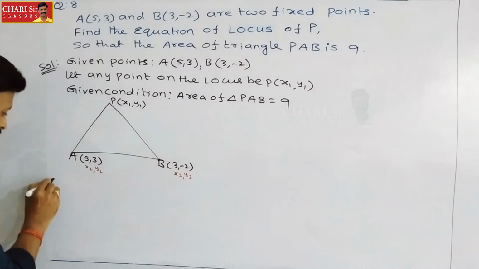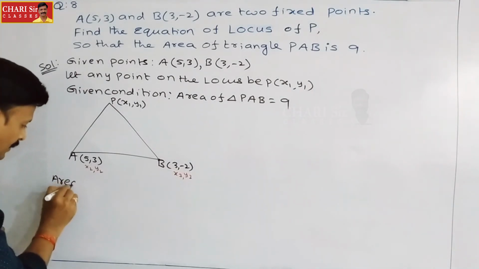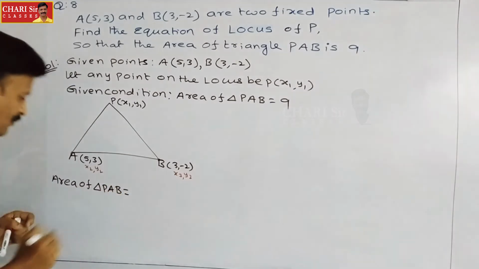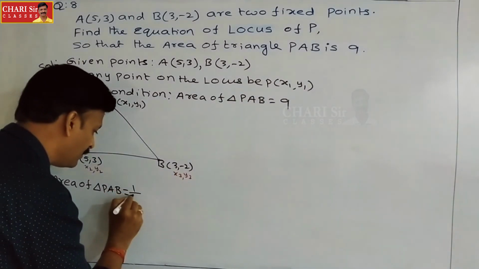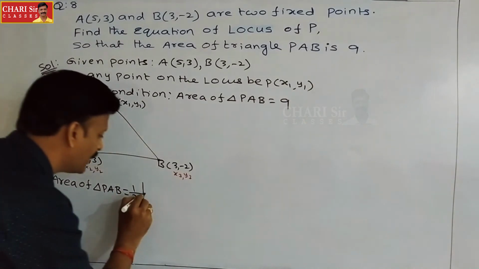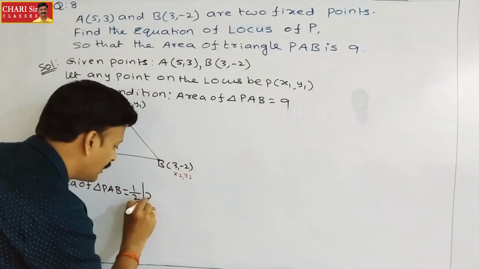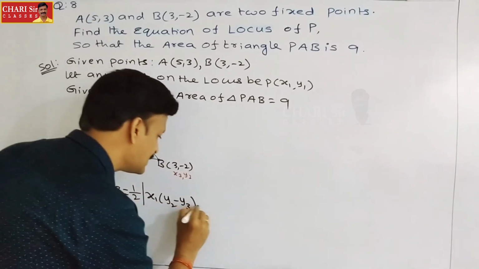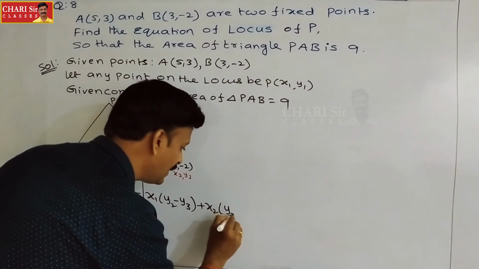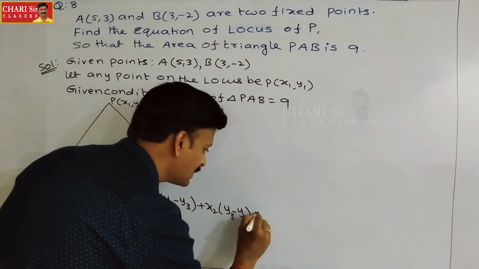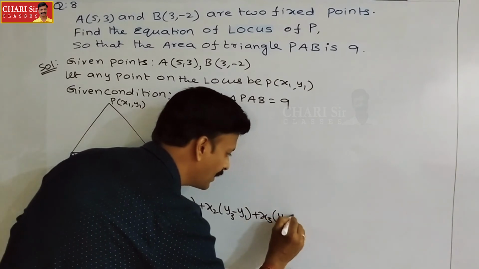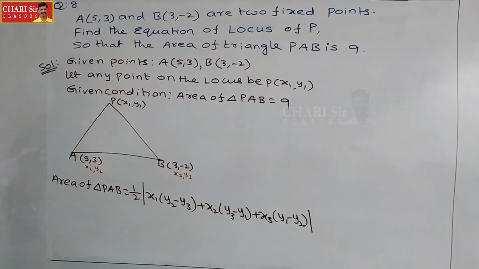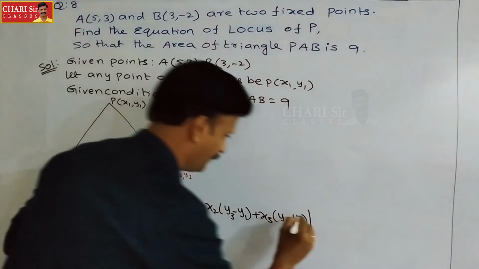See, the area of triangle PAB is equal to, the formula is 1/2 under modulus x1(y2 - y3) + x2(y3 - y1) + x3(y1 - y2) modulus closed. This is the area of triangle formula, and this is equal to 9, as it is given.